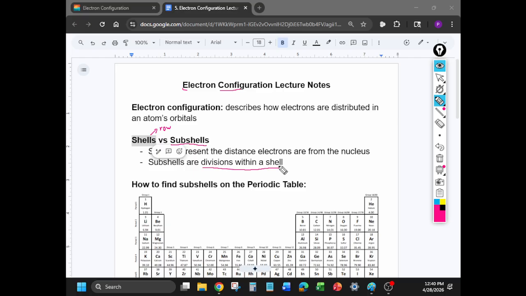When we write electron configuration, we communicate what shell the electron is in, and then what subshell. There's a notation for that, which I'm going to show you right now. But just know that's what a subshell is, pretty much a shell inside a shell.